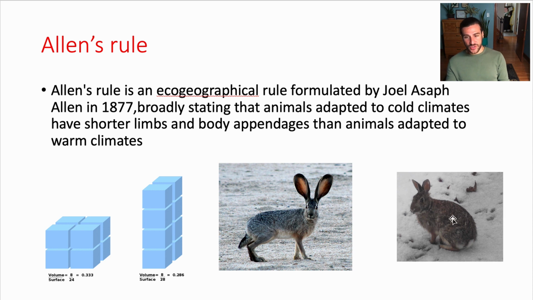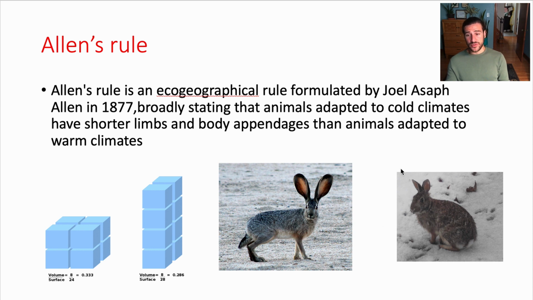So with these two organisms, we have a hare and we have, I forgot what the actual name is, a rabbit that has adapted a lifestyle in a colder climate.